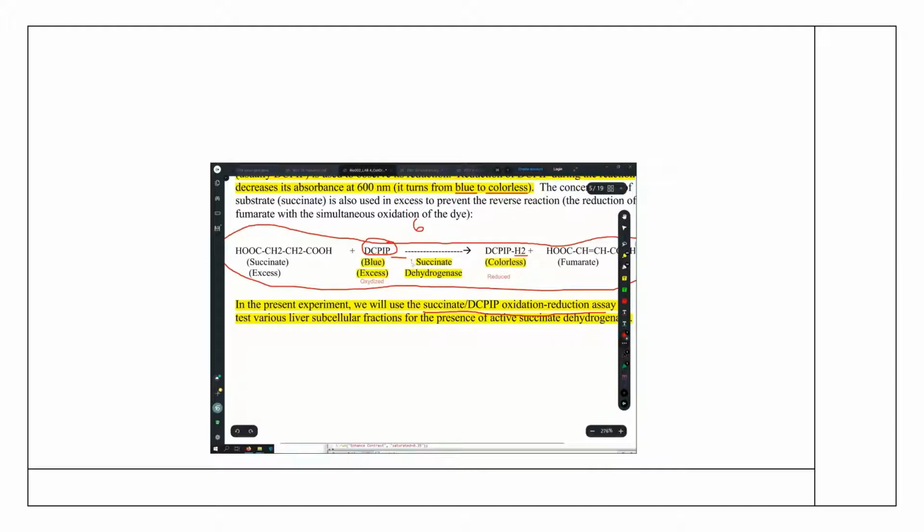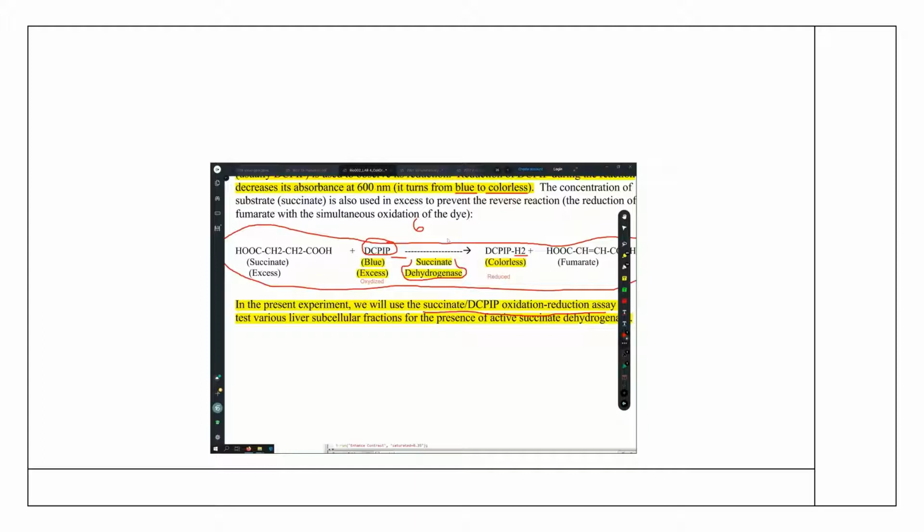But if one fraction has DCPIP and it's blue, but it is never reduced, so it never gains the 2 hydrogens or 2 electrons, then that means that succinate dehydrogenase enzyme is not present, which it shouldn't be.